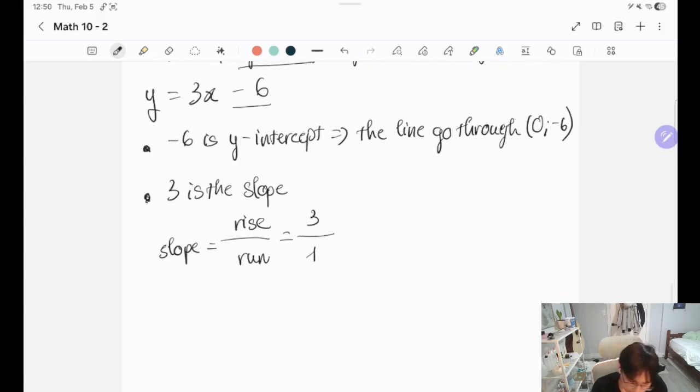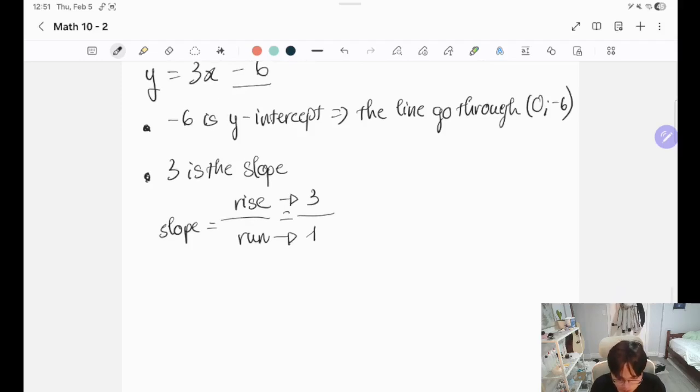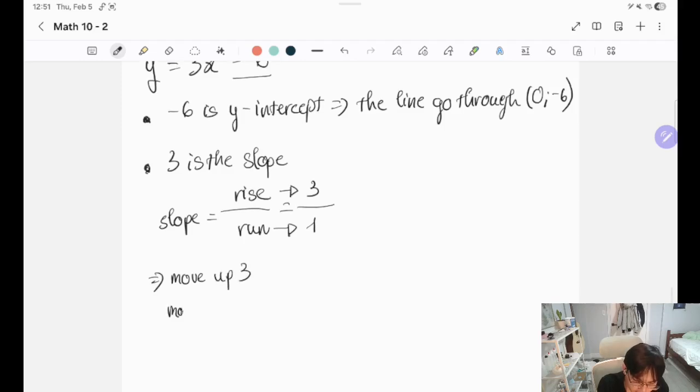So this means rise equals 3 and run equals 1. We can understand this as moving up 3 and moving to the right 1 from the last point, which is the y-intercept.